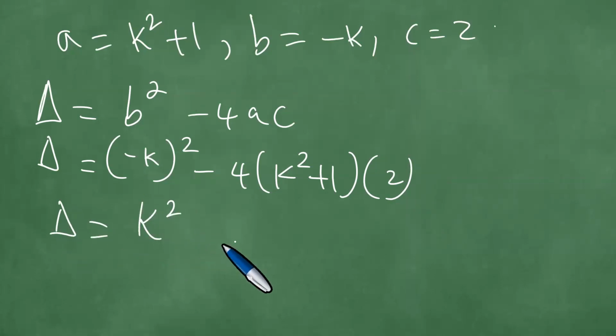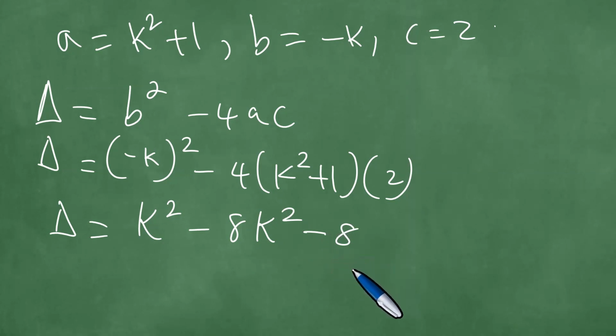And you square these, you have K squared minus 4 times 2, which is minus 8, multiplied by K squared plus 1, which is minus 8K squared minus 8. So what then do we get here? Anyone?